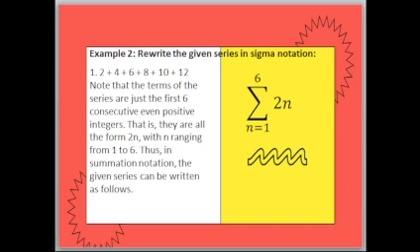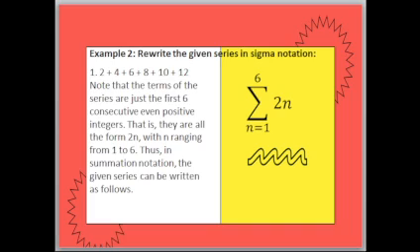So 6 sila ka-consecutive even positive integers, meaning kanang mga numbers nga pares like 2, 4, 6, 8, 10, 12. They're called even positive integers.